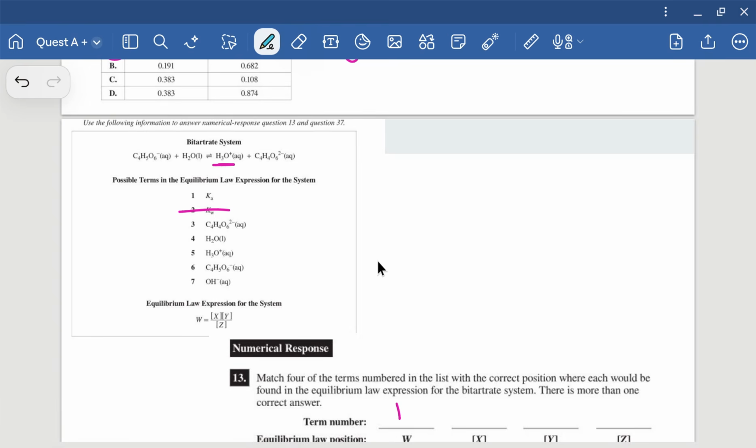Oh, in this expression. So the concentration of X would be, because it's products over reactants, one of these two. So I could say that this one is products minus reactants.